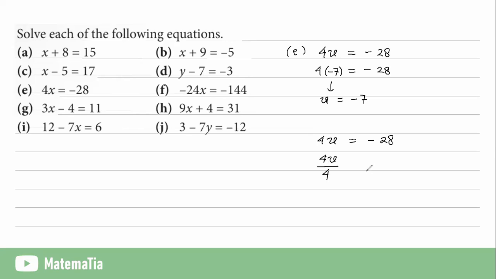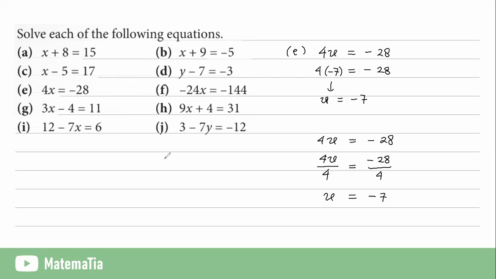Because we divide the left-hand side by 4, we have to do the same on the right-hand side. So we have to divide negative 28 by 4 also. Okay, 4x divided by 4 is equal to 1x, right? 1x is the same as x. So x is equal to negative 28 divided by 4. So we have negative 7.